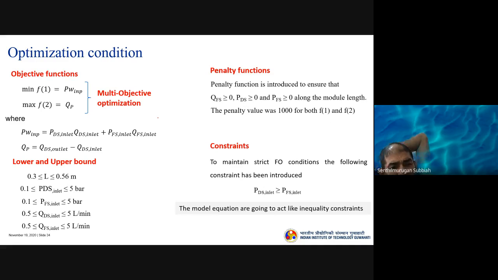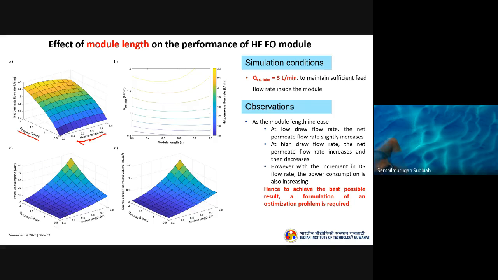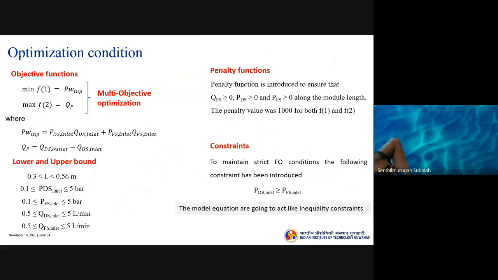These are all simple ways to understand how the system is performing. Once we know the system performance, what is happening? The power consumption is increasing when you are increasing the draw solute. However, we need to look at the optimal point: at what draw solution flow rate and at what module length we can get the maximum output profit.